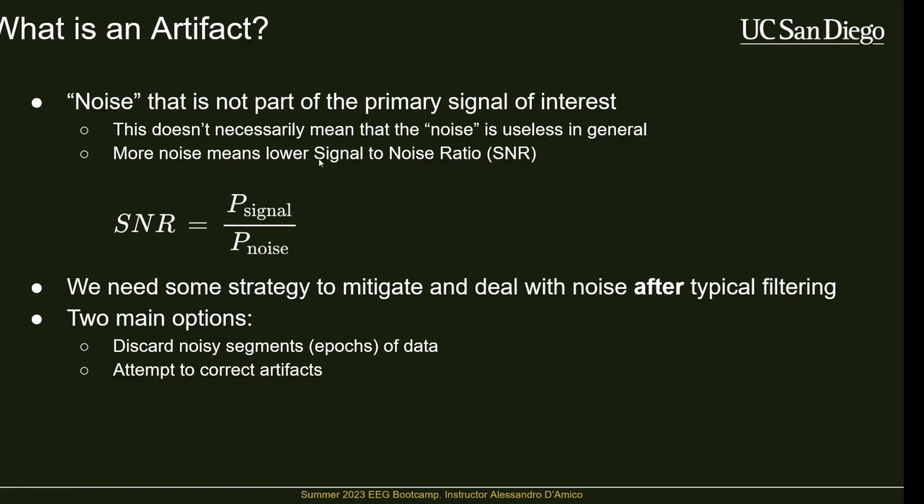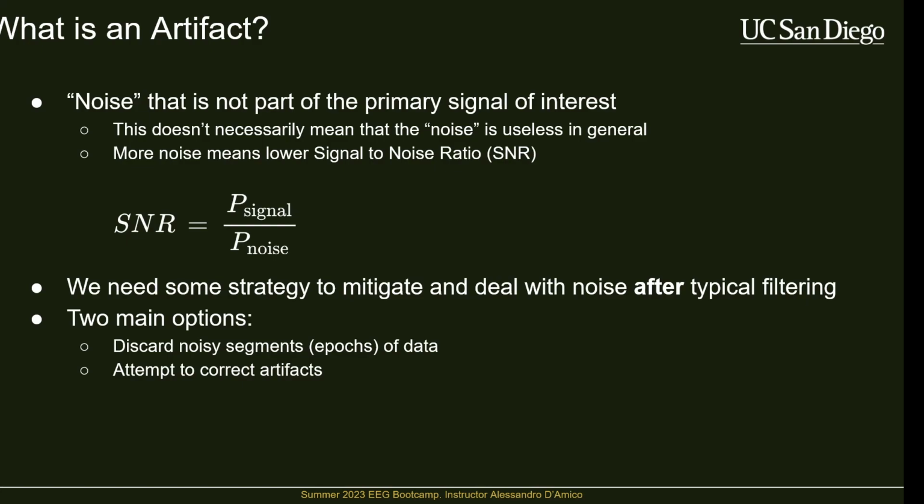But most of the time what we want to do is get more signal than noise. That's what our signal to noise ratio is. And we need some strategies to deal with these things. There are two main options broadly. We can either discard those noisy segments. So let's say we have a series of signals, like 2 back-to-back trials where people are just blinking or yawning or moving, and that just distorts the EEG data.